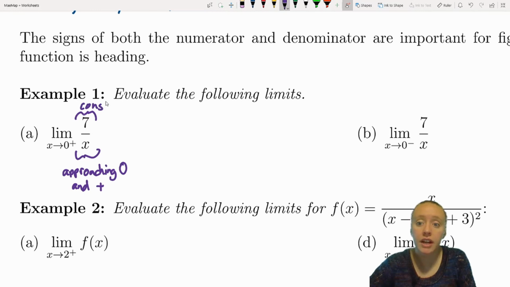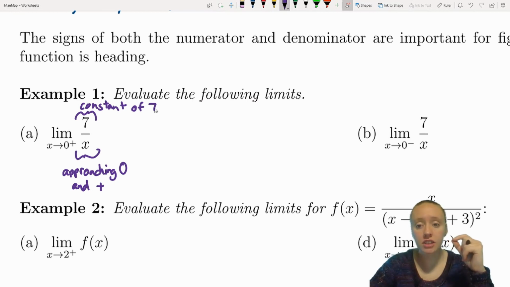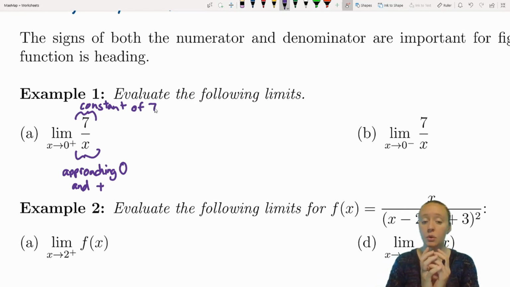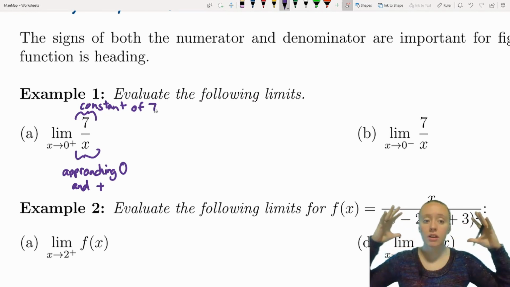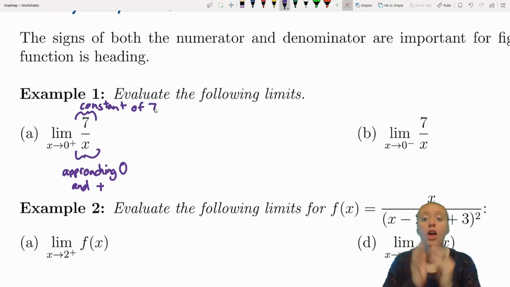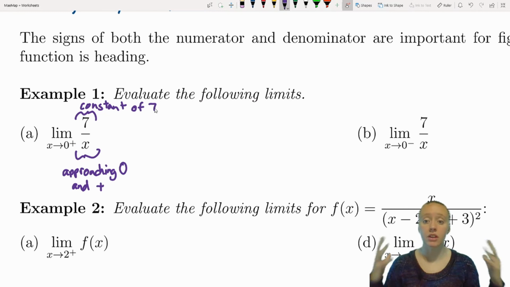So I'm just going to write that it's a constant of 7 in this case. So because we have a constant over a number that's getting really, really small, our overall fraction is going to get really large.